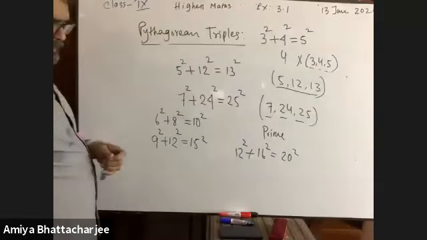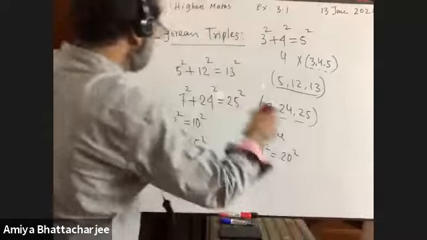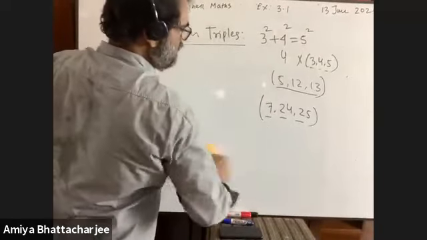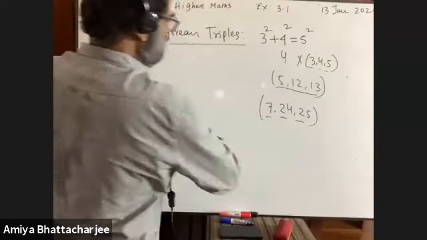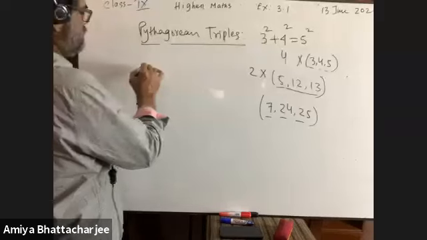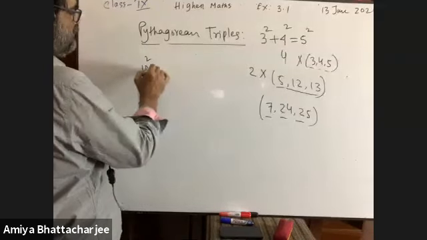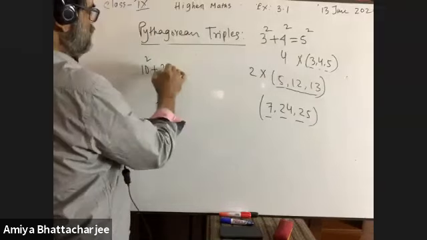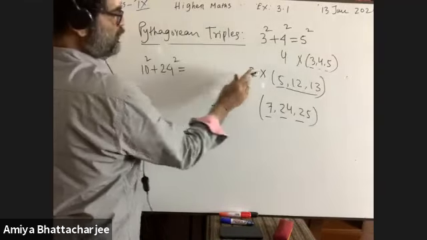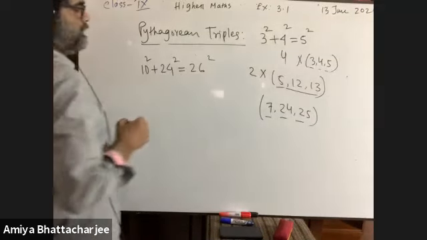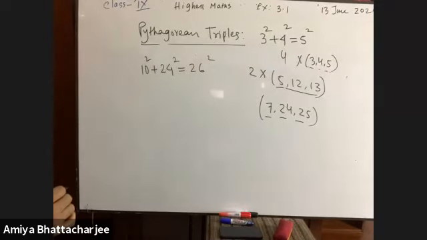Again, if we multiply 5, 12, 13 by 2, then we get 2 into 5, 10 square, 2 into 12, that is 24, 2 into 13 equals 26 square. Have you got me?